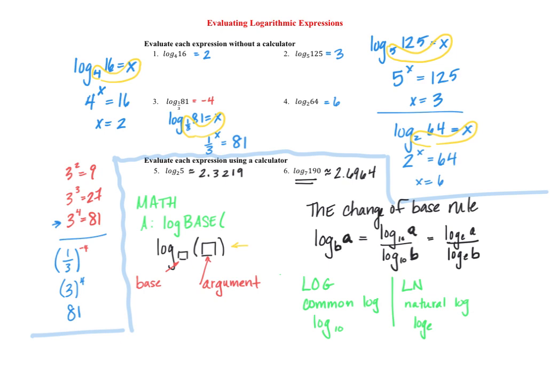It's going to give you the same value regardless of the base that you choose. You would type that in as log base 10 of 190, and you're going to divide it by log base 10 of 7. Now, some calculators may require you to put parentheses around each expression. Sometimes with that division, you might just need to put parentheses around that bottom log, but play around with that a little bit. We all know that our answer is supposed to end up being approximately 2.6964.